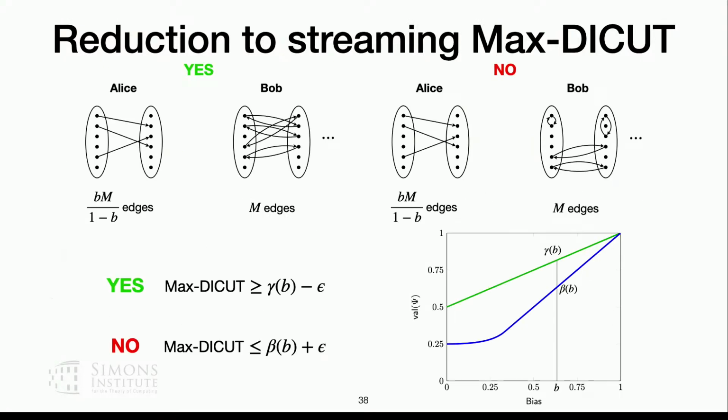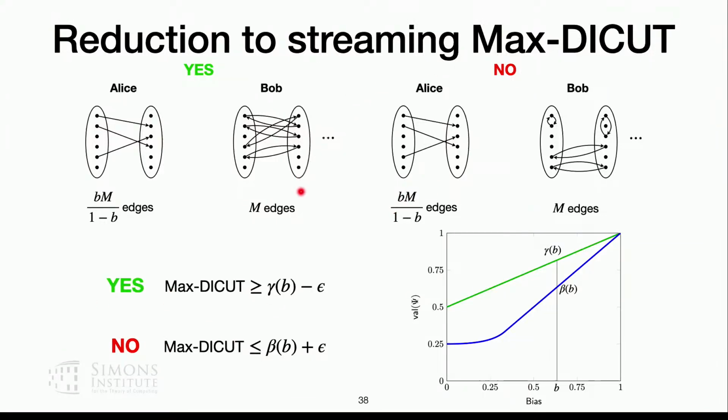And the idea is that in the yes case, when Bob has this bipartition, the Max-DICUT value is at least gamma of B, and in the no case, it's beta of B. This is easier to see in high bias regions. For example, let's say we want to show that the no case Max-DICUT value is at most this.